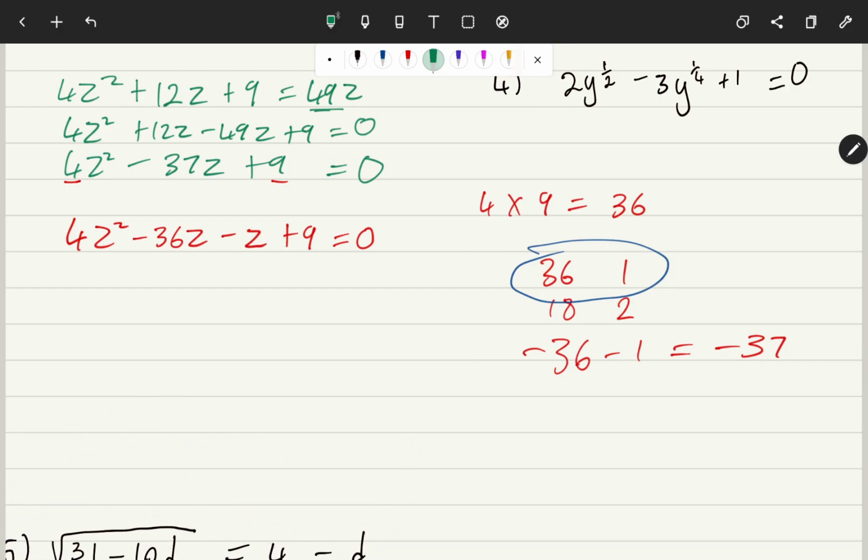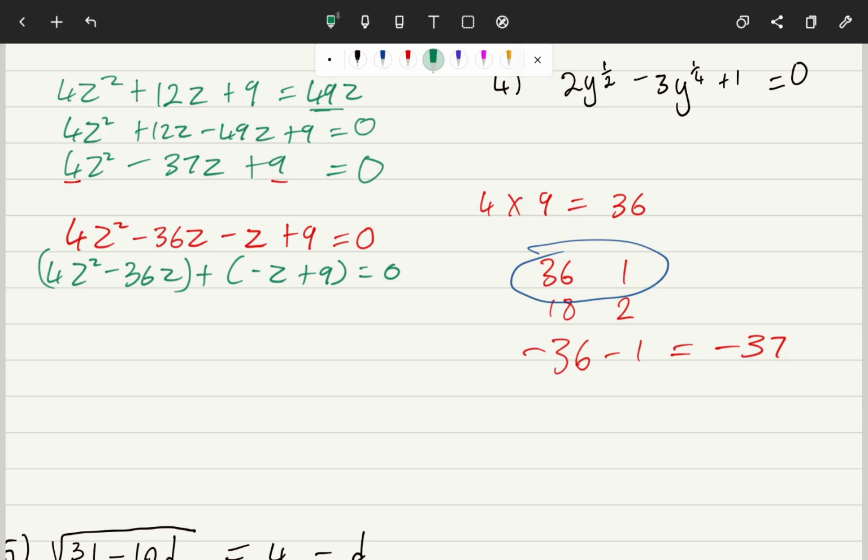Cool. So now we're going to group these things, right? The first group is 4z squared minus 36, and then plus another group, negative z plus 9, equals 0. So now we find the common factors in each group.